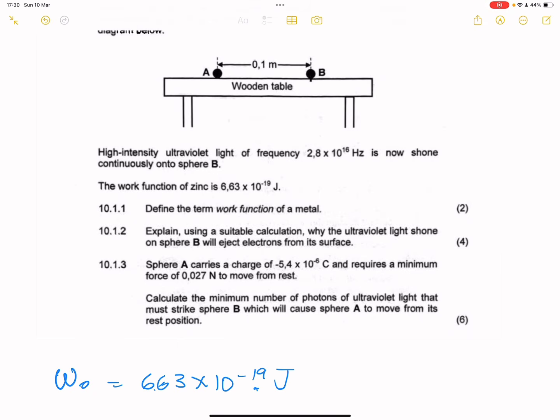They say to us, calculate the minimum number of photons of ultraviolet light that must strike sphere B, which will cause sphere A to move from its rest position.